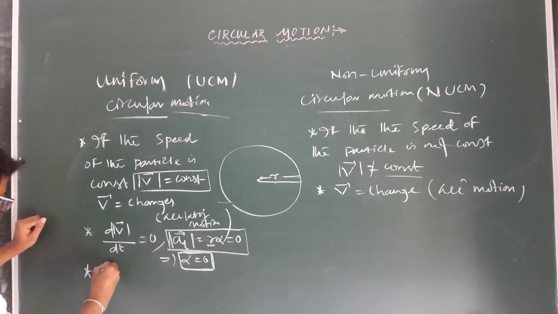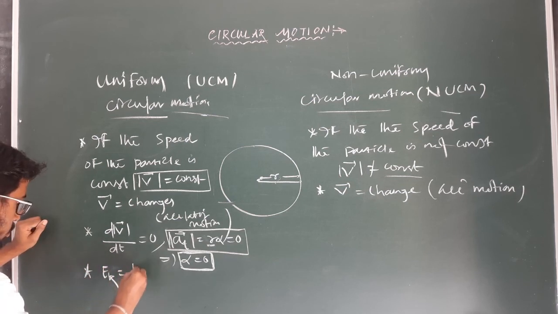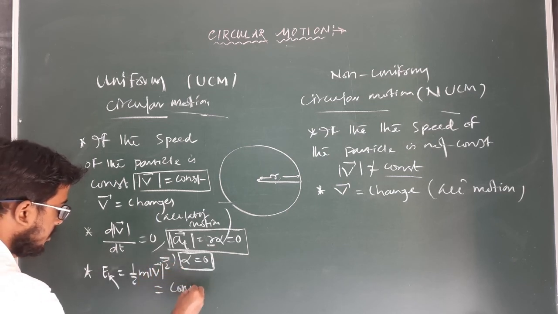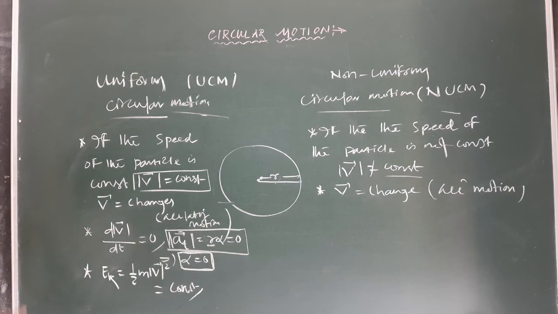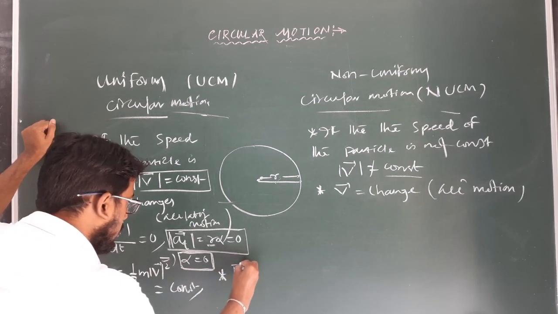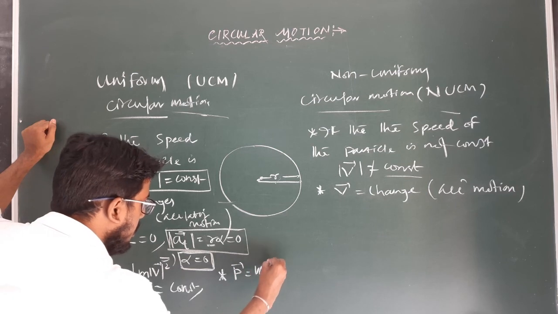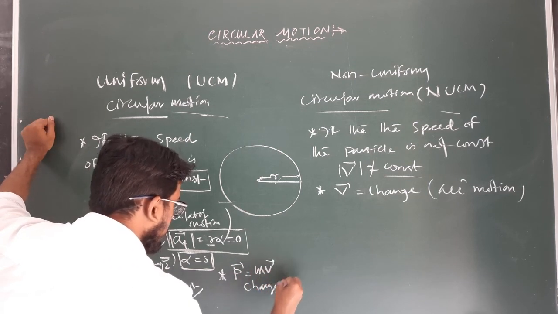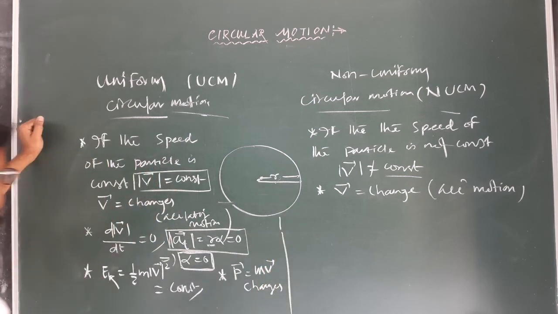So kinetic energy, which is equal to half m |v| square, is also constant. Clear? But the momentum is a vector quantity which depends upon velocity, so it changes. Clear? So you have to remember all these points.